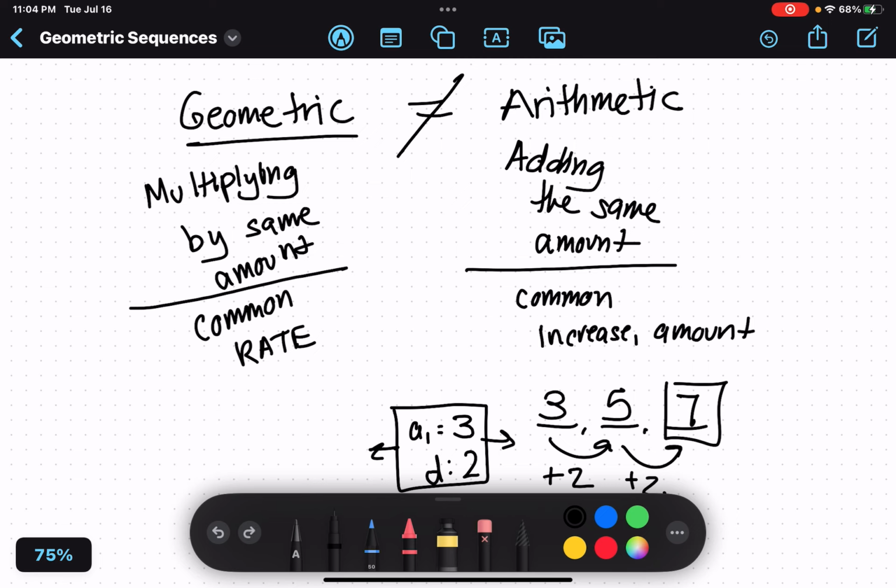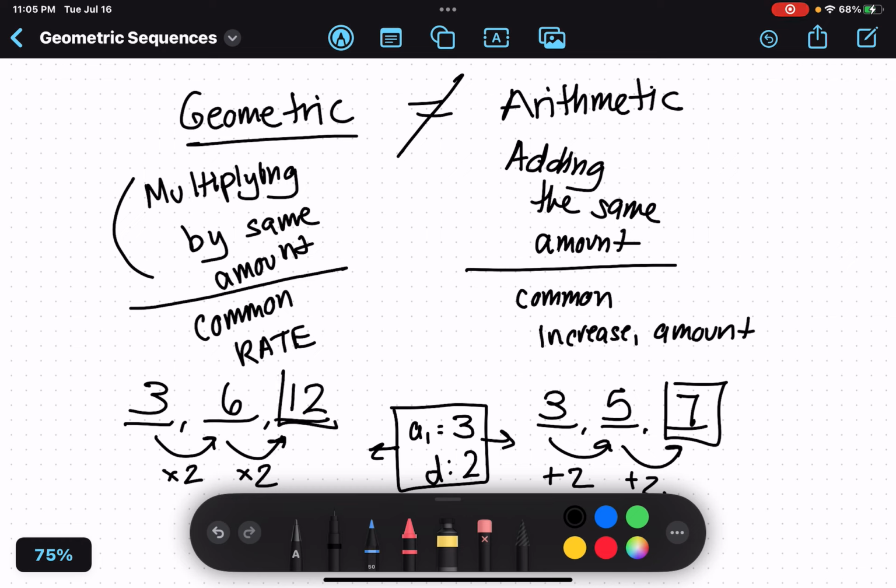We want to find the third term. We know that our first term is 3, but this time, instead of adding by 2 each time, we multiply by the same amount. So we are multiplying by 2 each time. 3 times 2 is 6, and 6 times 2 is 12. So if it was a geometric series, our third term would be 12.